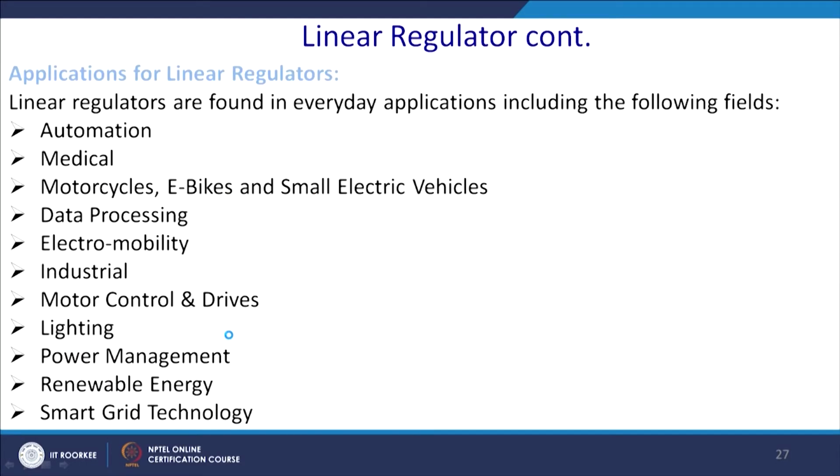So, we can find this IC regulator everywhere in low power applications. In case of automation, we mostly use a processor or microcontroller, Arduino or the simplest microcontroller you might be using for your BTP projects and all. So, that can be used for automation. You can also use it for medical operations.